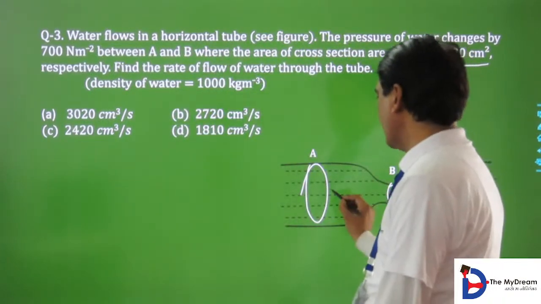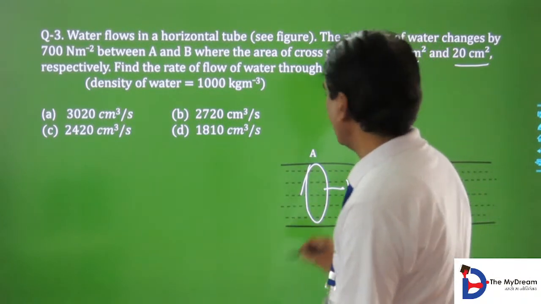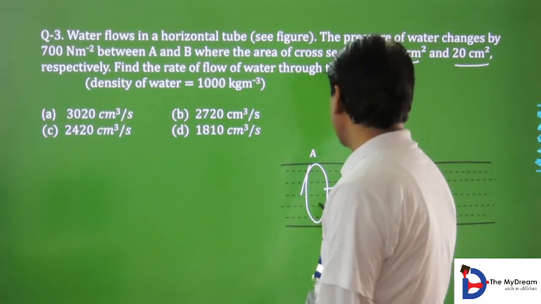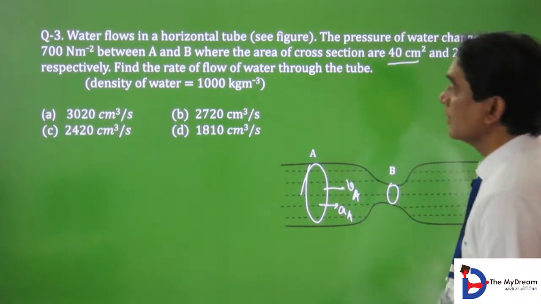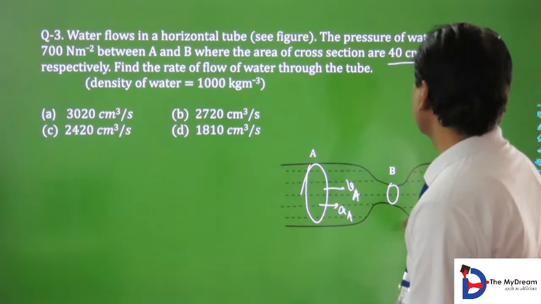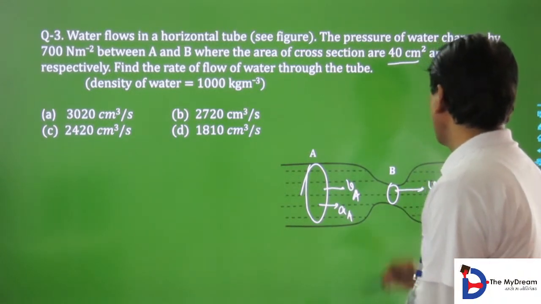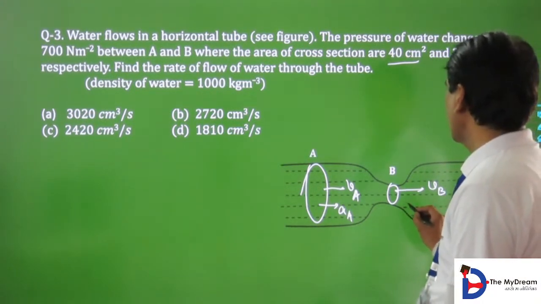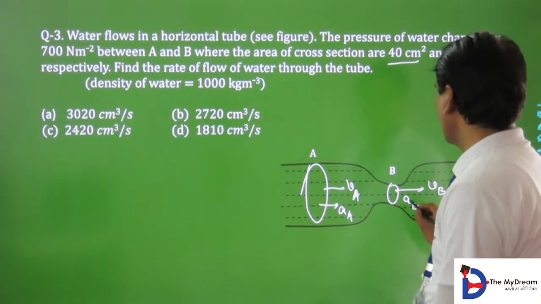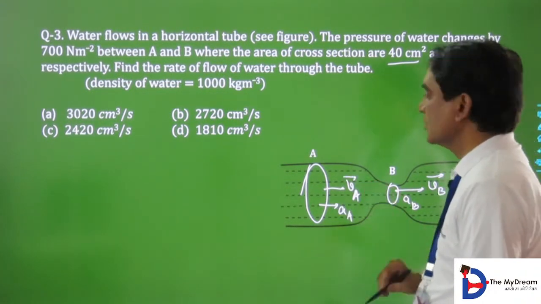section, we can take the value of velocity VA and the area of cross section is taken as AA, and here you can take the velocity VB and the area of cross section of B. These are the velocities.